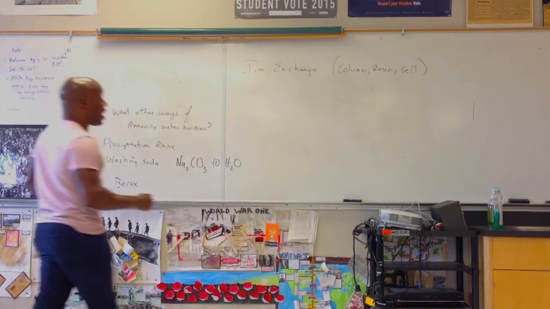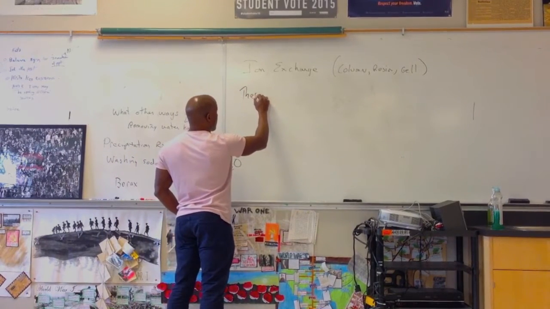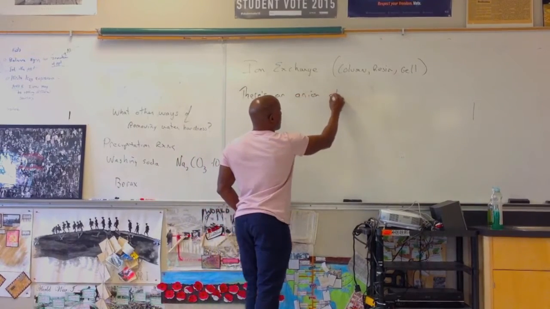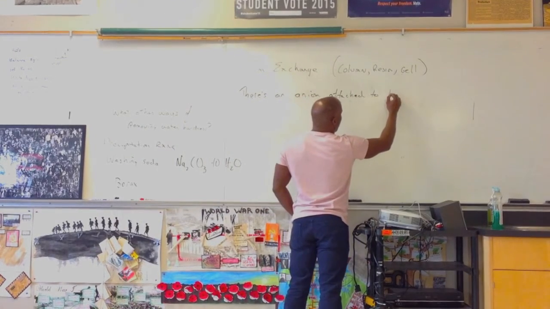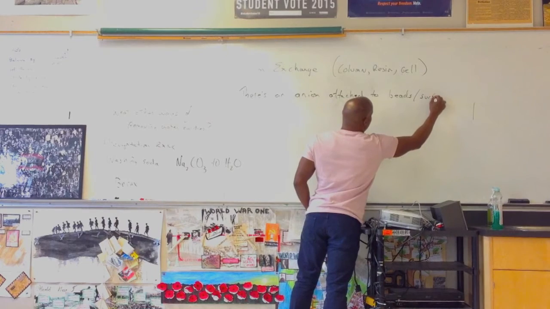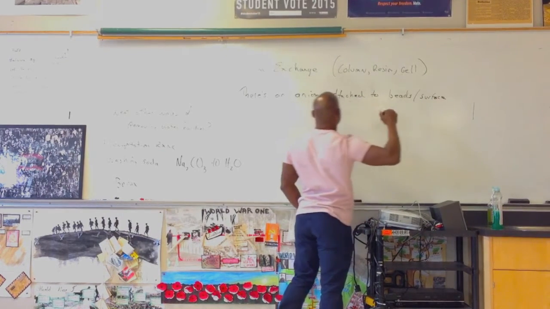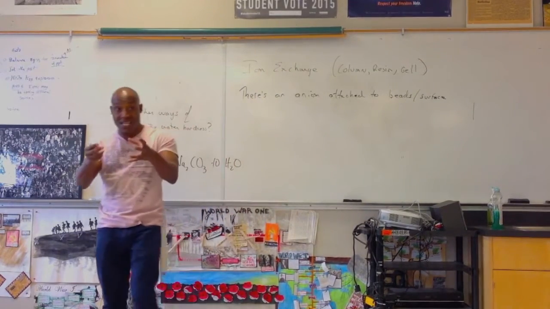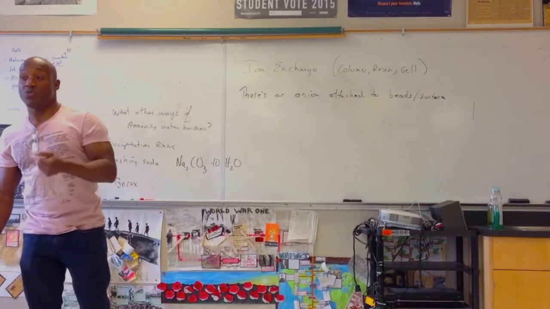Okay? So an ion exchange resin, there's an anion. So you have an anion, but the anion is attached to either beads or to some sort of surface, so it's not free to move in the solution.